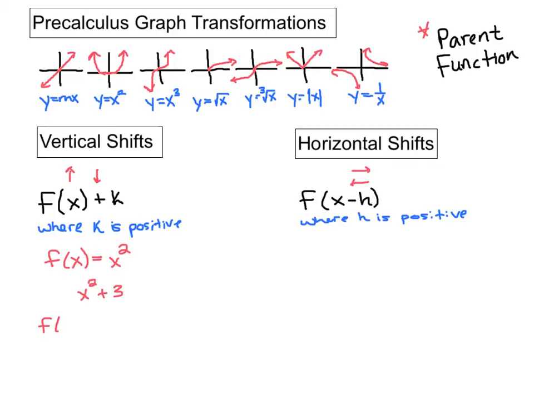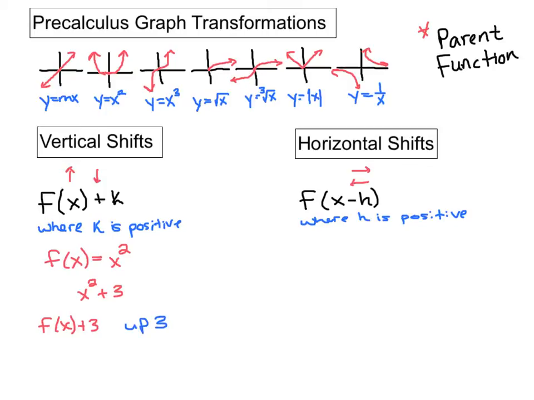That would be f of x plus 3. So we are adding a number outside of the parent function. This is a vertical shift. And if k is positive, so we're adding a positive 3, this is going to be a vertical shift up 3.